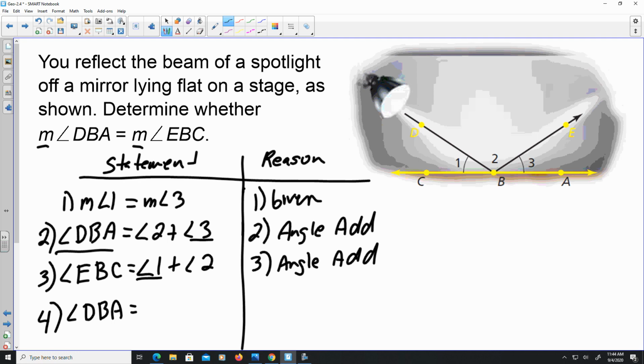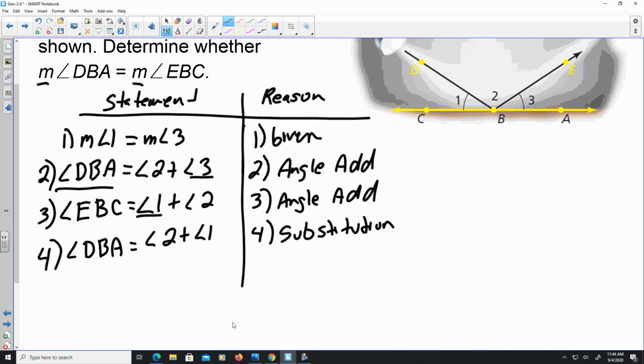So I'm going to say that angle 2 plus angle 1 is an acceptable statement because I just substituted 1 and 3. The substitution property of equality allows me to do that. And angle 1 plus angle 2 is the same thing as angle 2 plus angle 1.